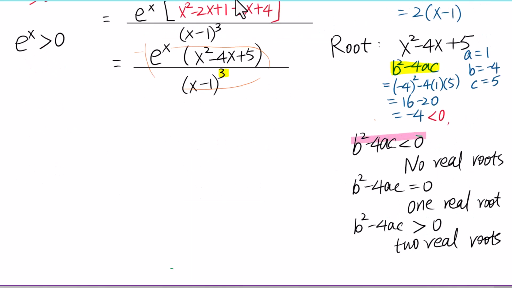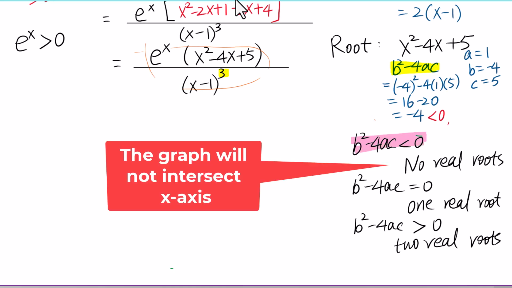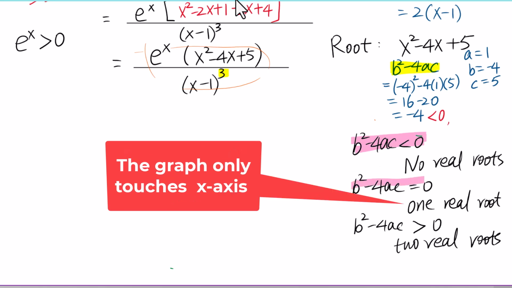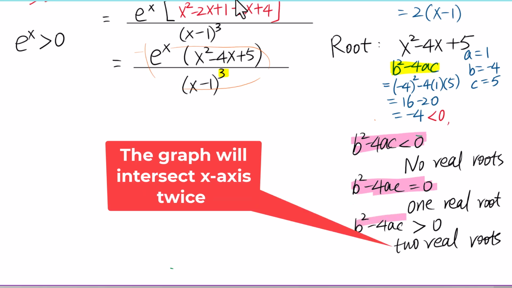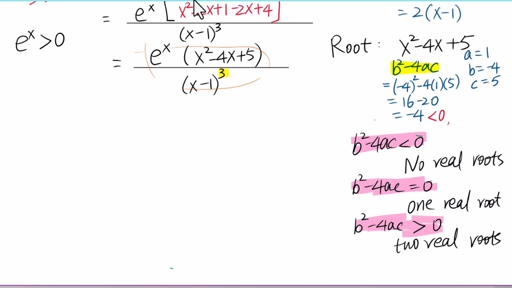Here is the rule for a quadratic function. b squared minus 4ac less than 0, no real roots. b squared minus 4ac equals 0, only one real root. b squared minus 4ac greater than 0, 2 real roots. Therefore, for this quadratic function, no real roots.